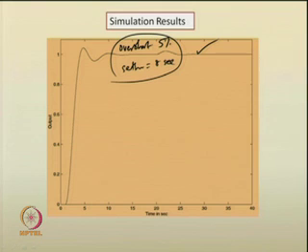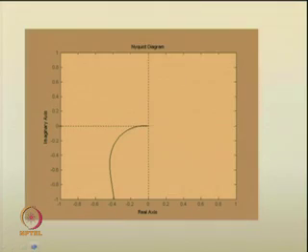Coming to the other analysis, the frequency response of the closed loop system, the Nyquist diagram of the closed loop system can be drawn in this case, for which we need to get the loop gain Gc(s)G(s).